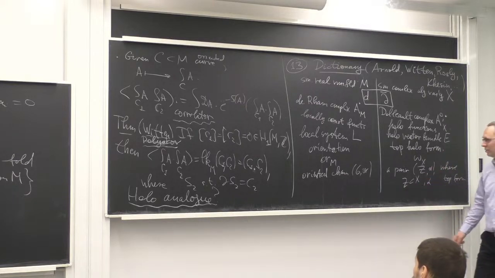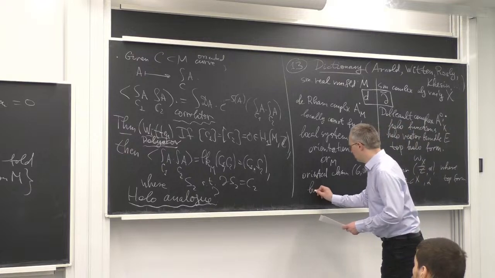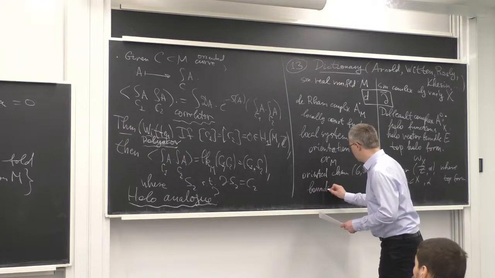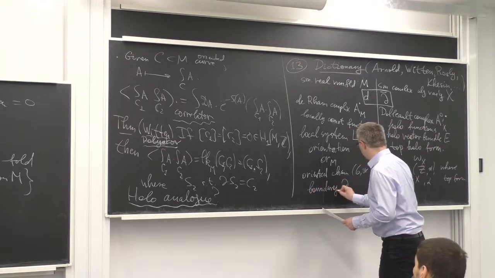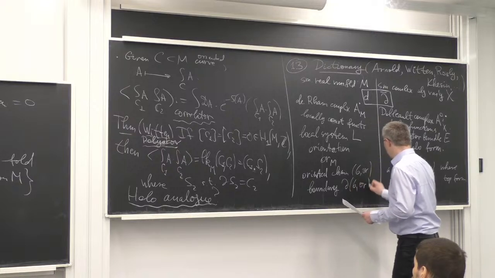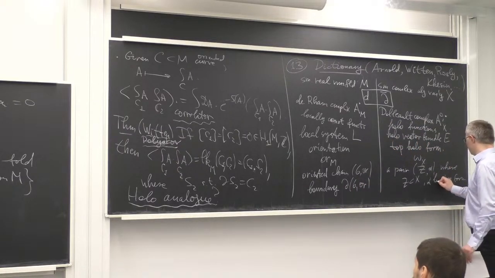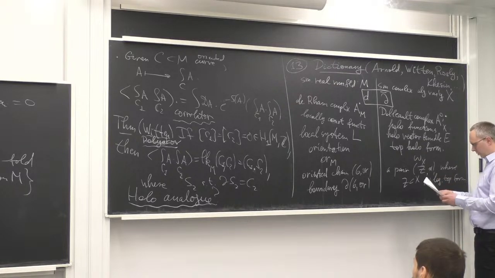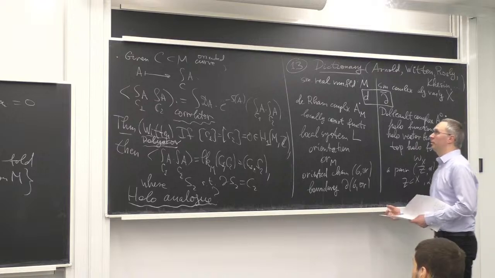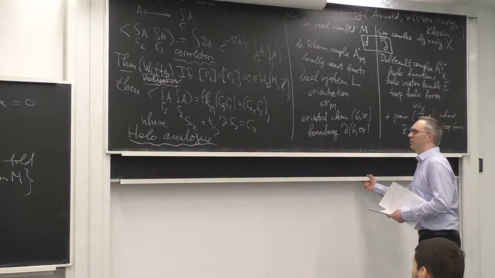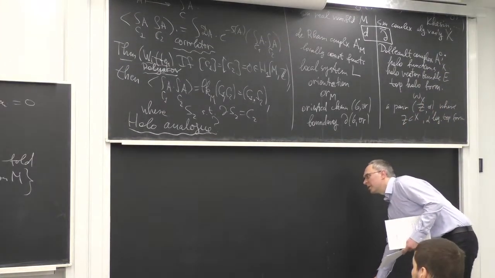So here the boundary of a cycle should correspond, I will write it below, but here I should put a logarithmic top form. Logarithmic top form, and maybe I should remind what logarithmic top forms are, because this will be one of the main heroes further.